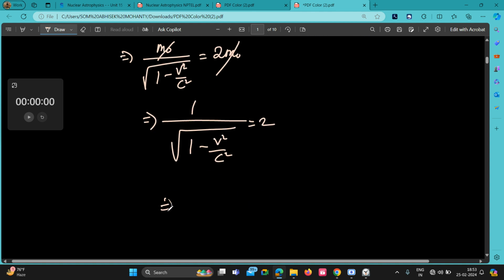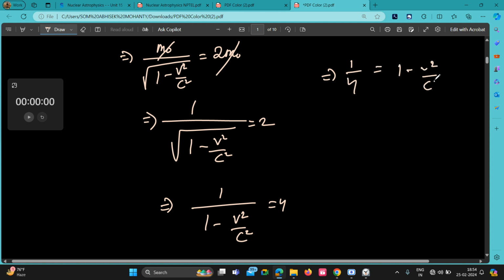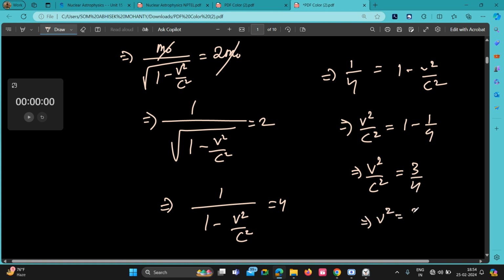Take the square of both sides. 1 minus v square by c square is equal to 4. So 1 by 4 is equal to 1 minus v square by c square. So v square by c square is equal to 1 minus 1 by 4, which is 3 by 4. So v square is equal to 3c square by 4.